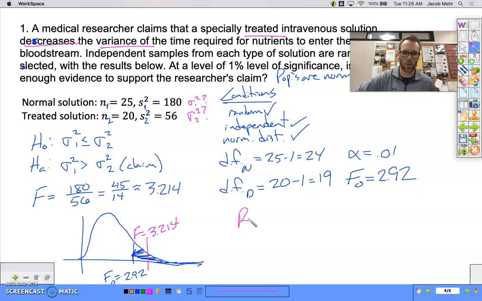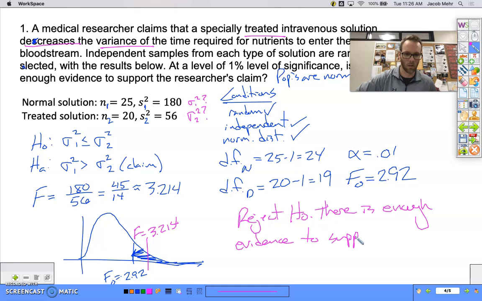So we will reject the null hypothesis. There is enough evidence to support the researcher's claim.